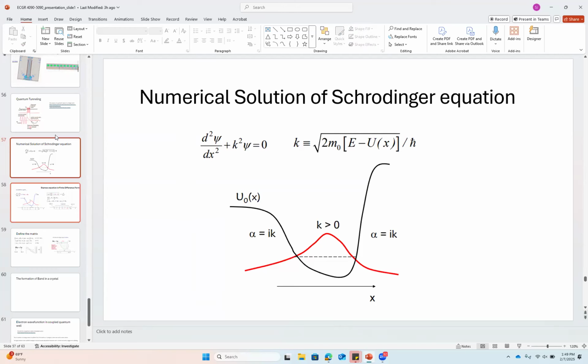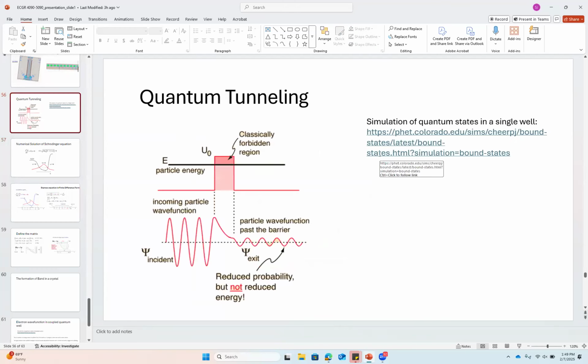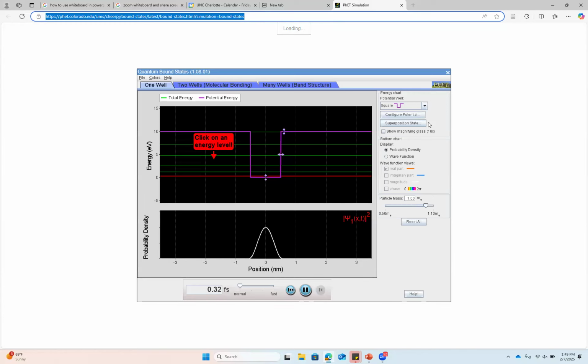So, if you see, what we're going to see is some animations that will tell you what the different states of electrons are if you put them in a quantum well.